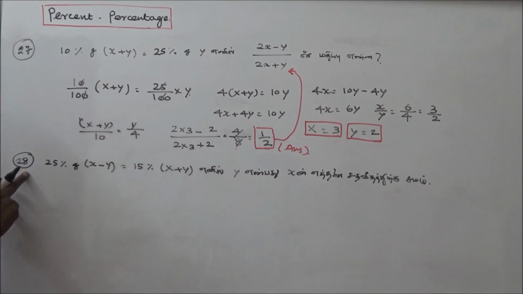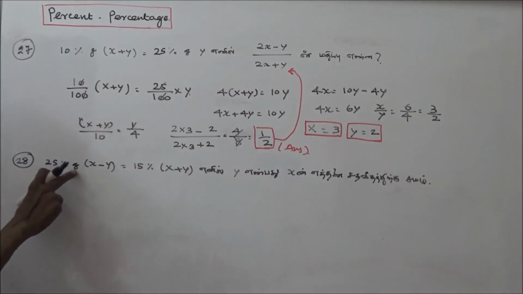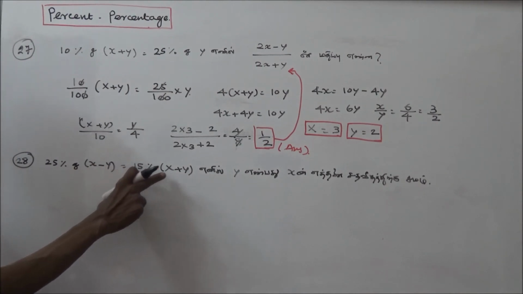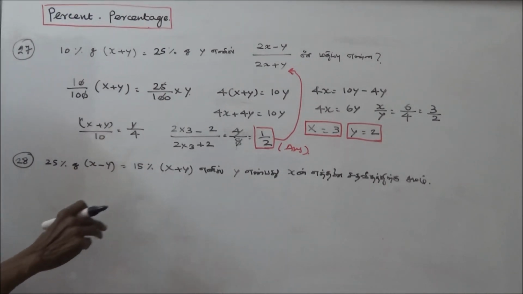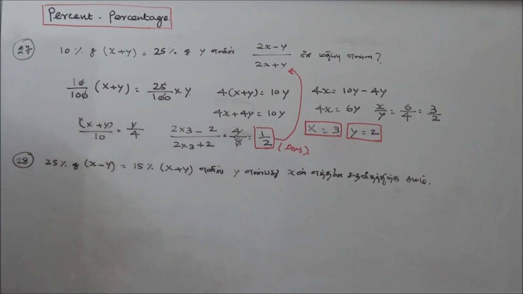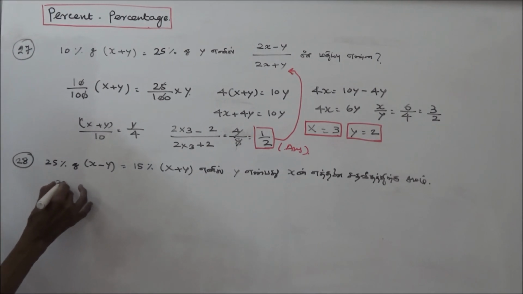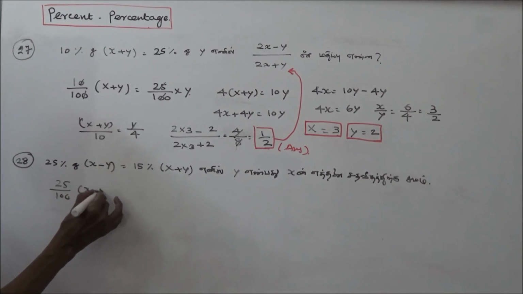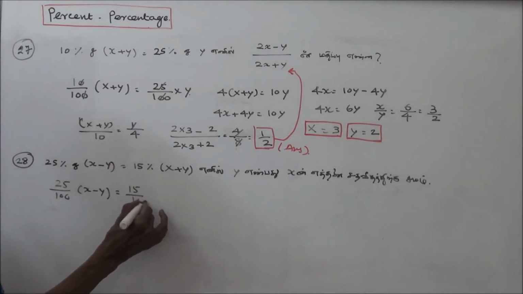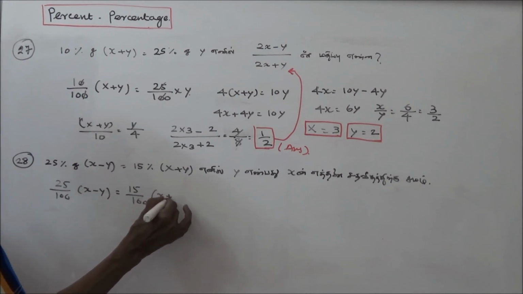Problem number 28. 25% of (x minus y) is equal to 15% of (x plus y). Then y is what percentage of x? The question: 25 by 100 into (x minus y) is equal to 15 by 100 into (x plus y).